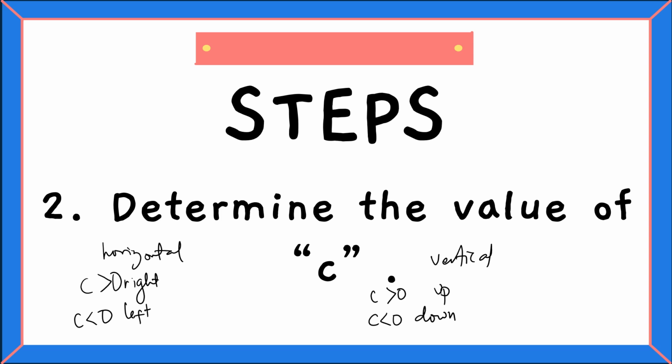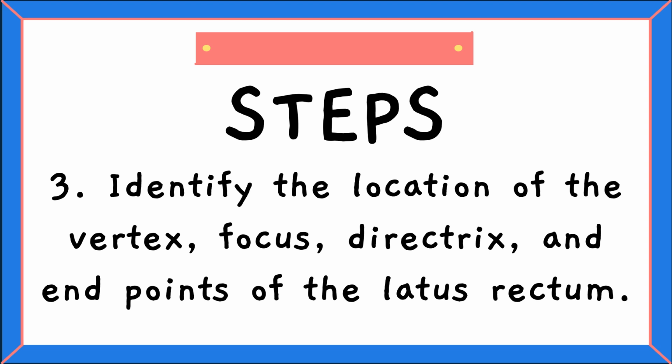So for this video, let us start with a parabola in a vertical format. Then if you're already done with finding the orientation, the opening, and the value of C, you can now identify the location of your vertex, focus, directrix, and the latus rectum. So let us start with the table that we can use to identify the properties.